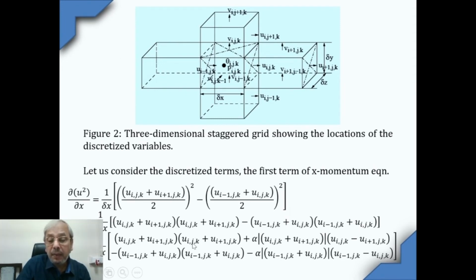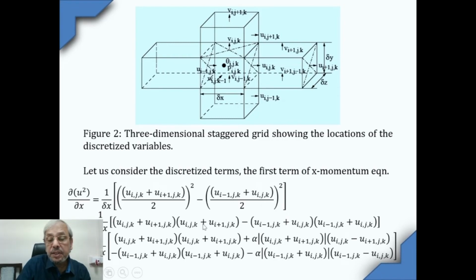Otherwise this is central difference. We have expanded this up to here, and it is central difference. Upwinding has been done here. As you can see, we have brought this uijk plus ui plus 1 jk under modulus sign, and then multiplied with uijk minus ui plus 1 jk. And we have also multiplied this quantity under modulus sign with alpha.